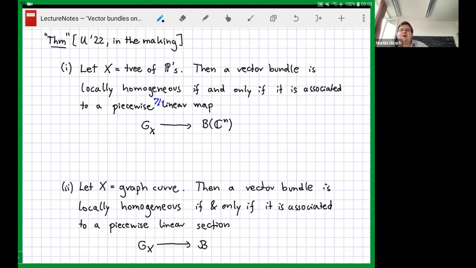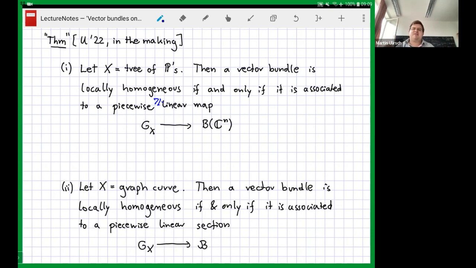Oh, sorry, no, I said this wrong actually. You have to look at each of the vertices, and at each vertex you get an element in Z^N, which is like a list of N integers, and you build the vector bundle as a direct sum of those O of these integers on that component.